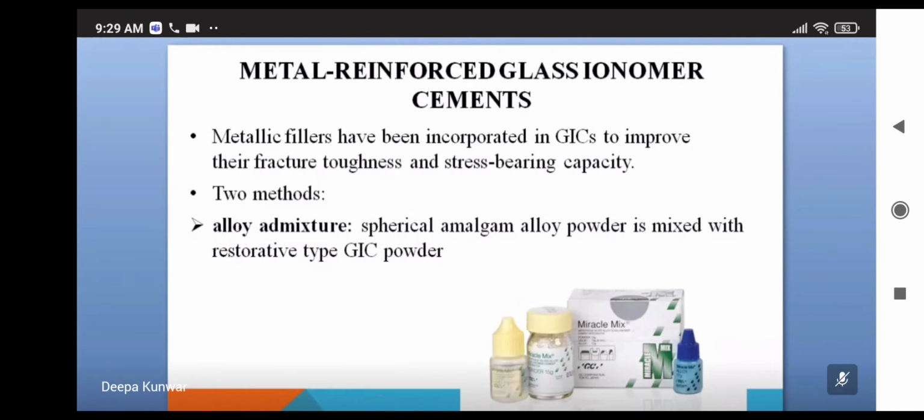What we do is add metallic alloy to the GIC cement. It is mixed in the powder of the GIC so that it will improve the properties of the GIC. At first we can add alloy admixture, that is alloy of the amalgam.